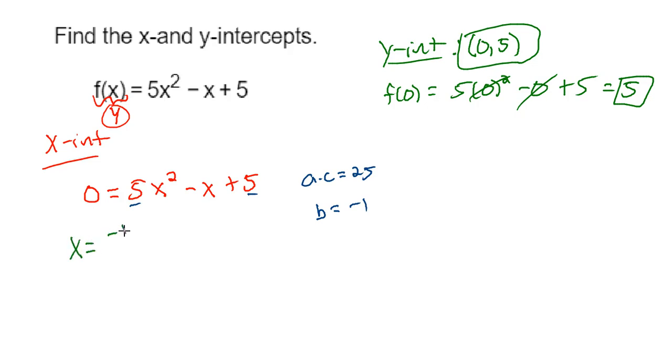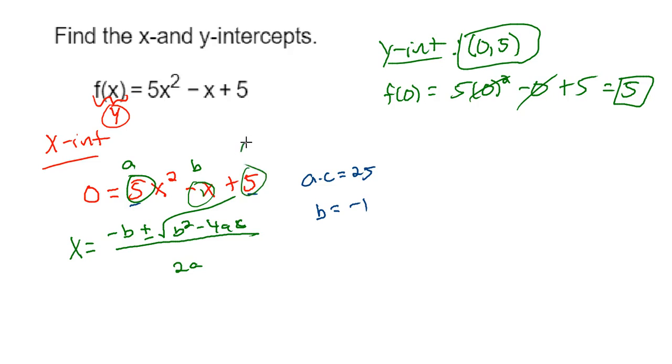So remember, the quadratic formula is negative b plus or minus the square root of b squared minus 4ac, over 2a. All right, a is equal to 5 in this case, b is equal to negative 1, c is equal to positive 5. So let's plug those numbers in. We'll have x equals negative, because that's in the formula, and then b is negative 1.